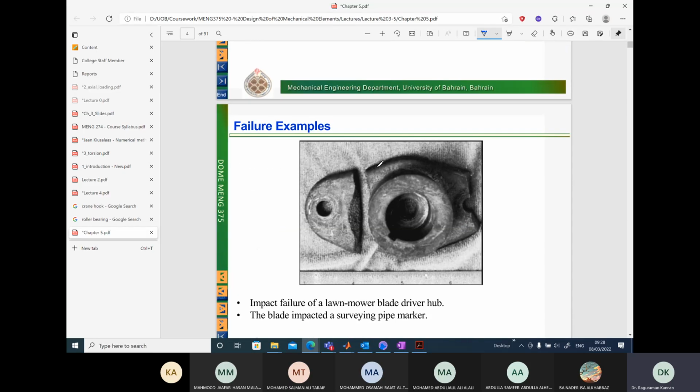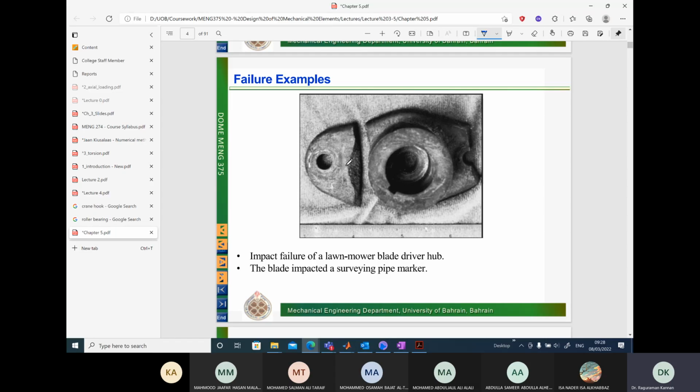This is a failure due to impact of a lawnmower. So this is the hub. The hub is connected to the shaft of the motor, and at this end you connect a fan blade which cuts the grass. Sharp edges here will go and cut the grass.